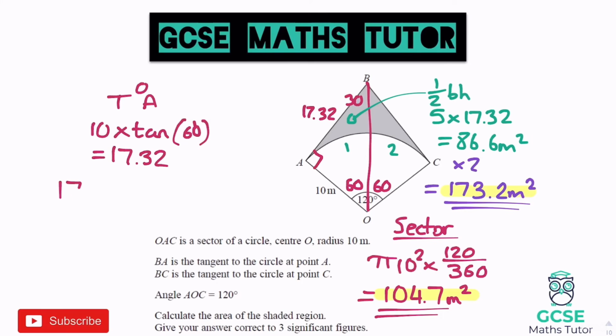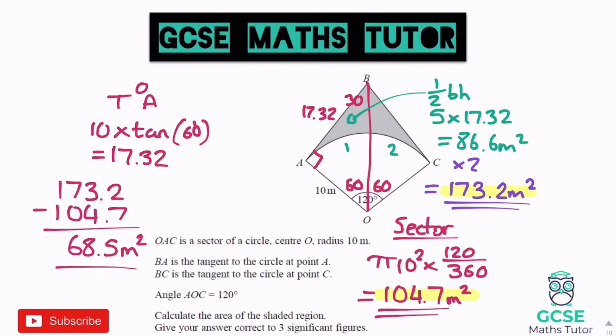So we've got 173.2, take away 104.7, and that gives me a final answer of 68.5 metres squared. Because of the way that I rounded there, that's already come out as 3 significant figures. So 68.5 metres squared is our final answer.